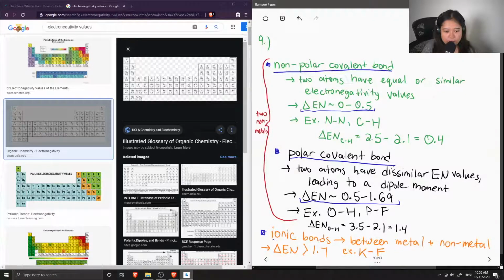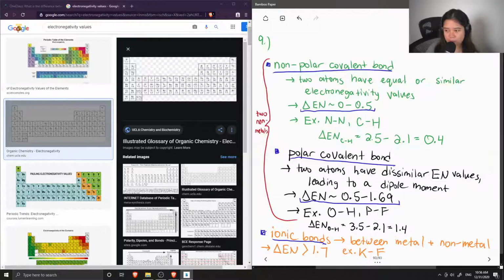So the minute you see a metal that is involved in the bond, it's automatically not a covalent bond. It would be considered an ionic bond. Even if we calculated the difference in electronegativity of two nonmetals, and it was greater than 1.69, the fact that it contains two nonmetals already means that it is not an ionic bond.